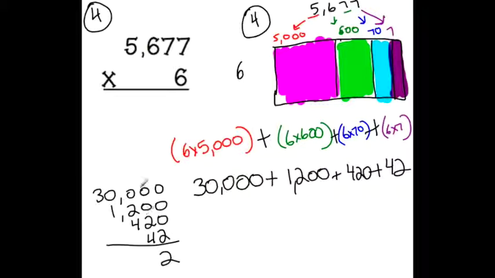That's 2, 6, 6, 1. Our answer is 31,662. Woo! A lot of hard work, right? But it is gratifying to get the correct answer.